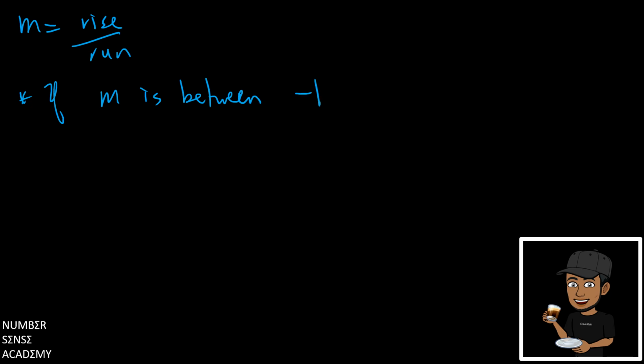Let's look at another scenario. So again, we know that m is the rise over run. So remember from the first example where the sort of flatter line was a fraction? So we're going to come up with a general rule then that if m is between -1 and +1, then the line is, let's say, flatter.